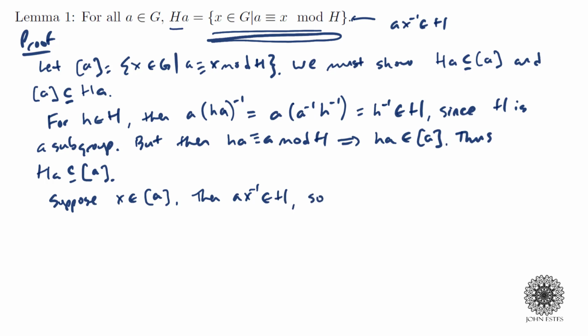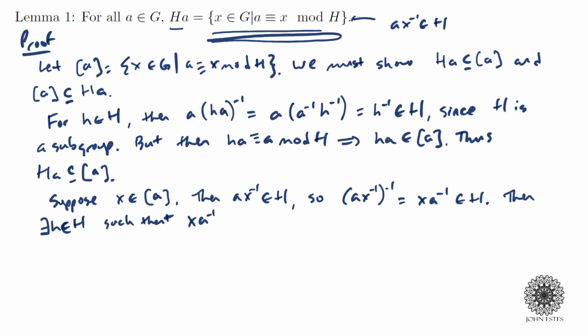So now if you take the inverse of that, you end up with X A inverse, and that is in H as well. Now why would we do that? That's a little confusing. What this means then is that there exists an h in the subgroup such that X A inverse equals h. Right? Why do I know that? Because X A inverse is in H, so we're just defining it, okay?